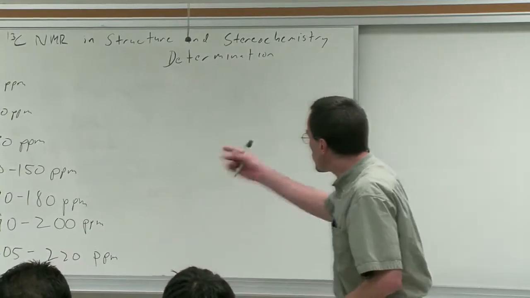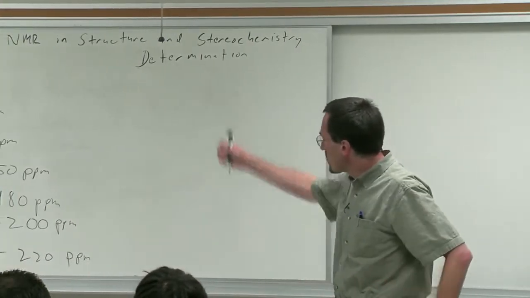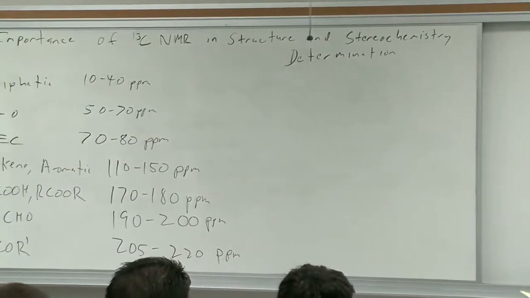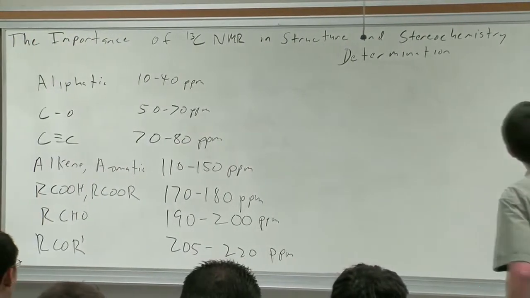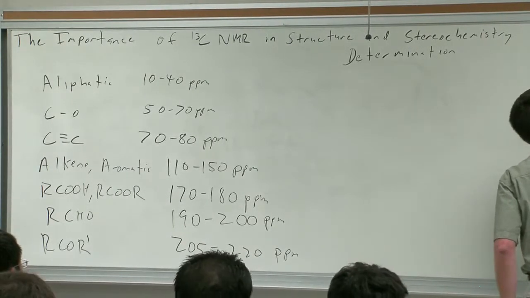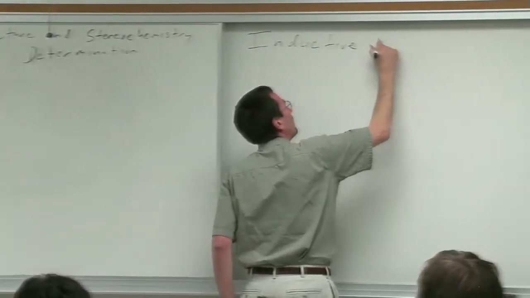So I want to show you some of the factors that contribute to these general ranges, and particularly how to perturb them. Let's start with something pretty simple: inductive effects and resonance effects.